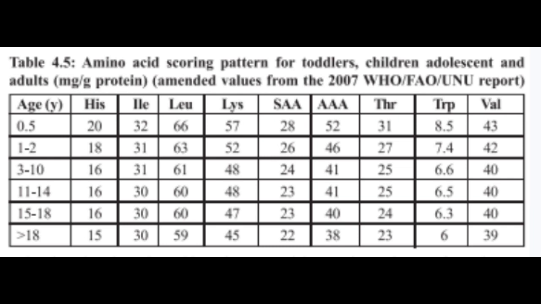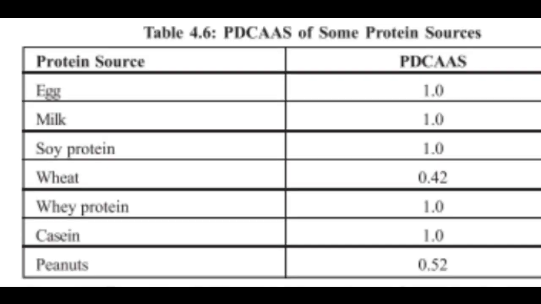With our understanding of the BV and amino acid score, we move to the concept of protein digestibility corrected amino acid score, PDCAS. PDCAS is a chemical score which is derived from the ratio between the first limiting amino acid in a test protein and the corresponding amino acid in a reference amino acid pattern and corrected for true fecal indigestibility.